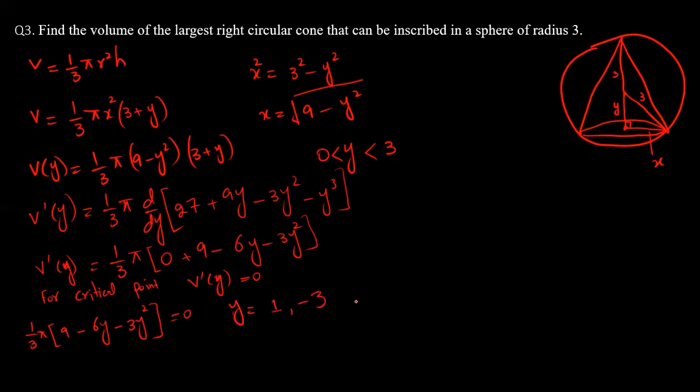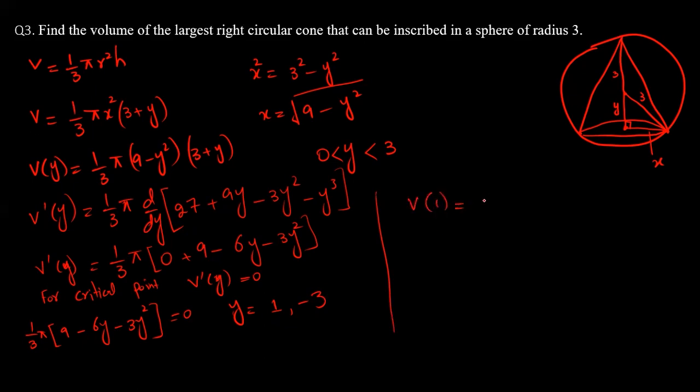So these are the critical points where this function may have an absolute maximum or absolute minimum, but minus 3 is out of our domain, so we will take only the value 1, and we will put it into our function to obtain the maximum value. So let's plug 1 into V of y.